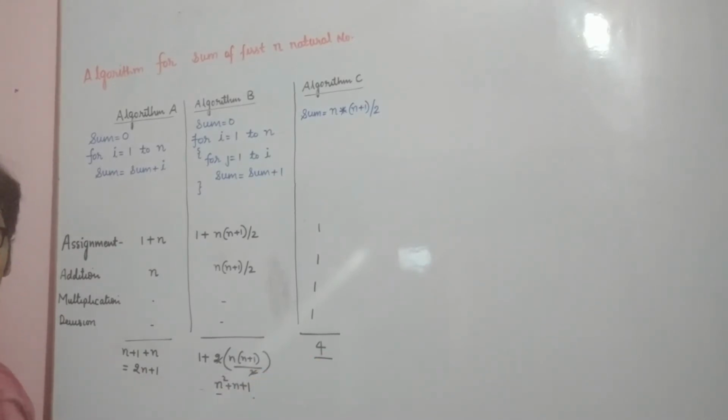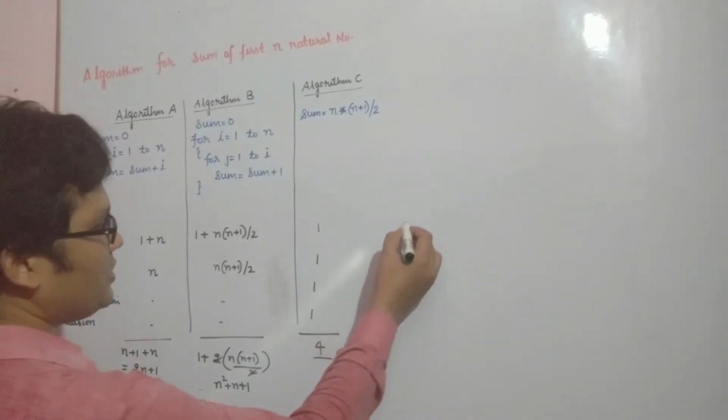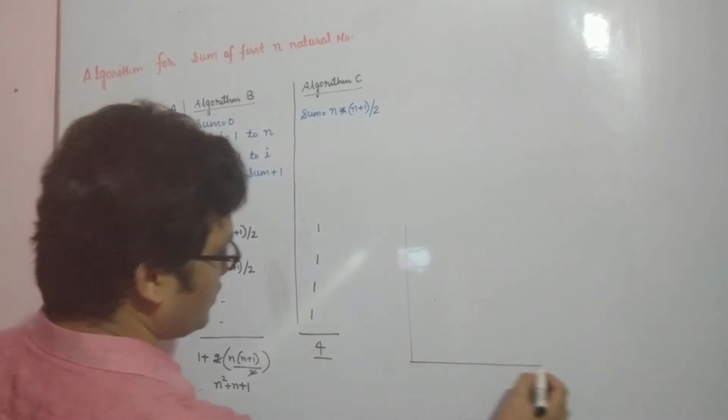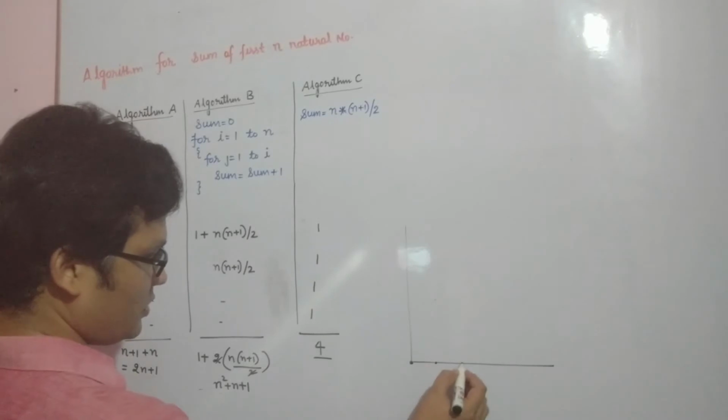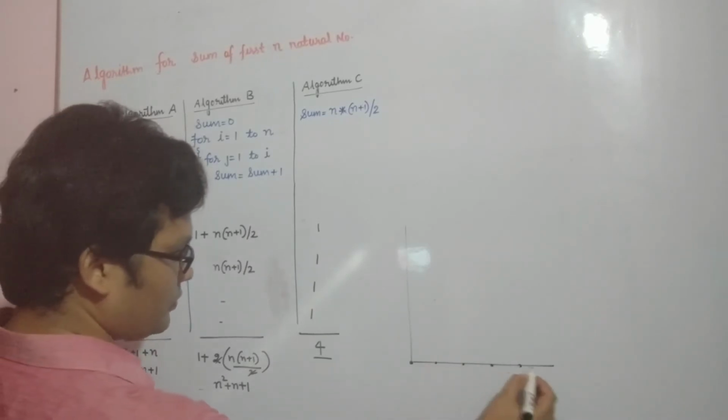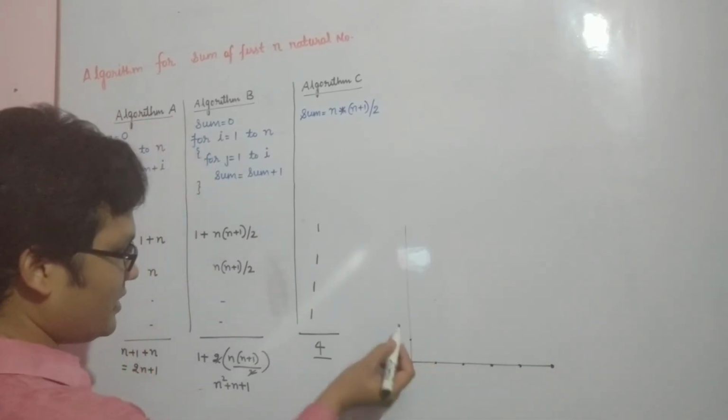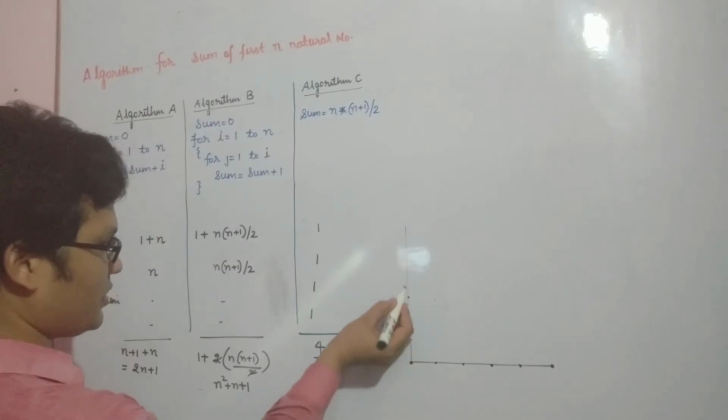Now I am going to draw the graph on the basis of number of operations. So now listen, let me draw the graph quickly. See, this is the x-axis. Now I'm going to take the number of inputs. This is input, simple, and this is the number of operations I'm going to discuss.